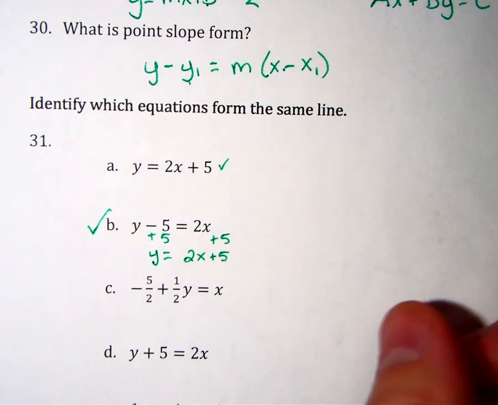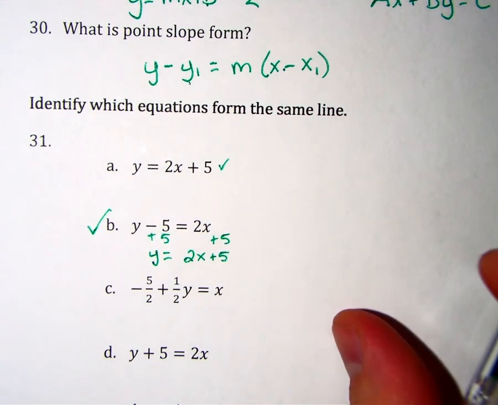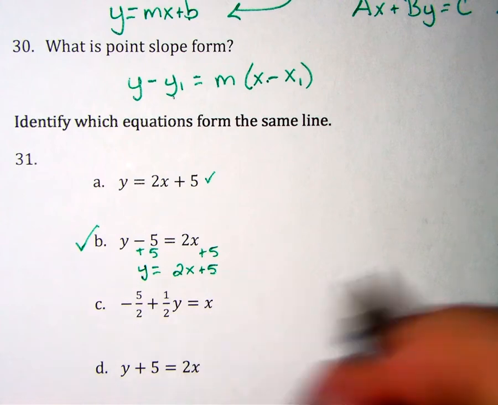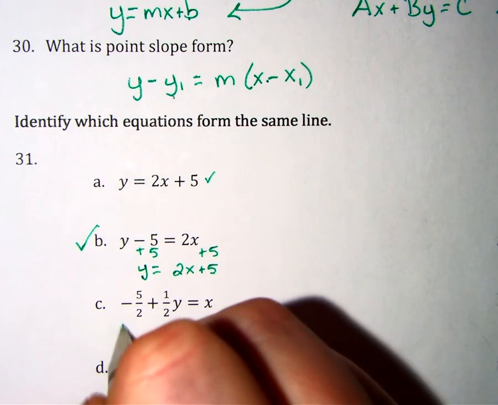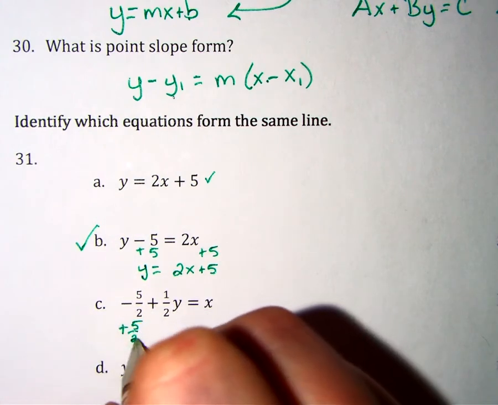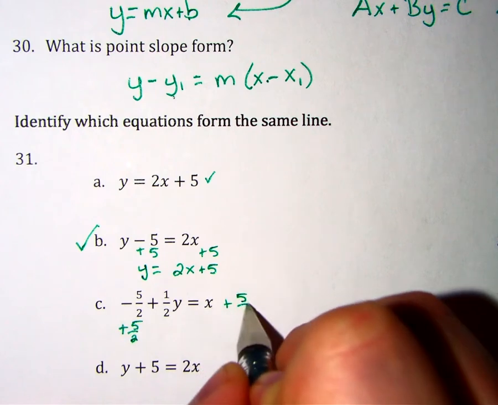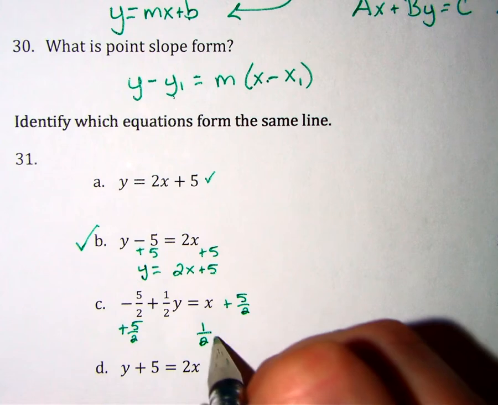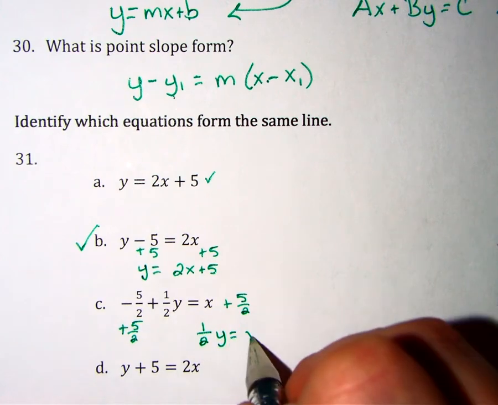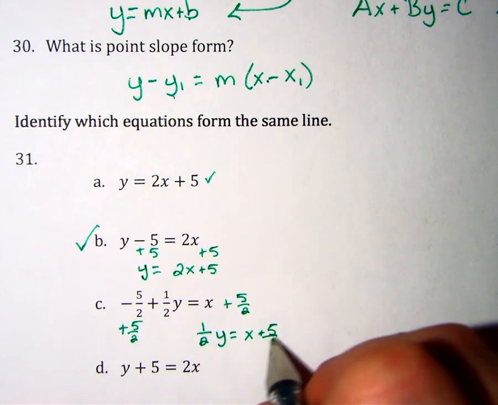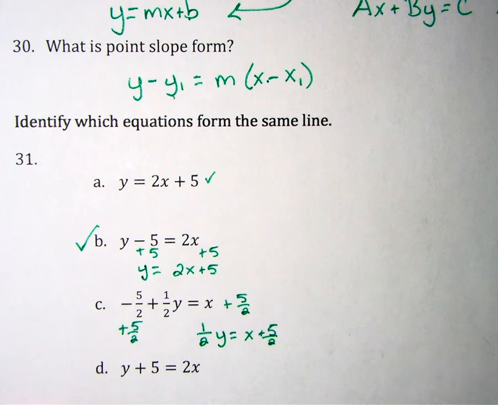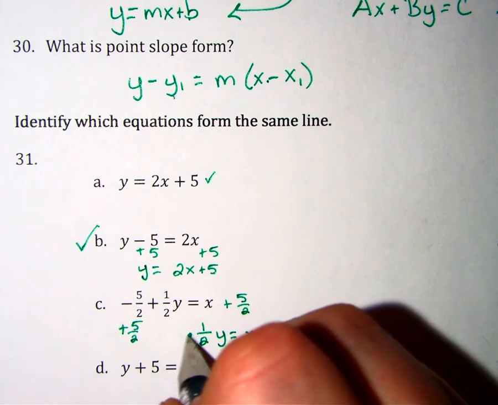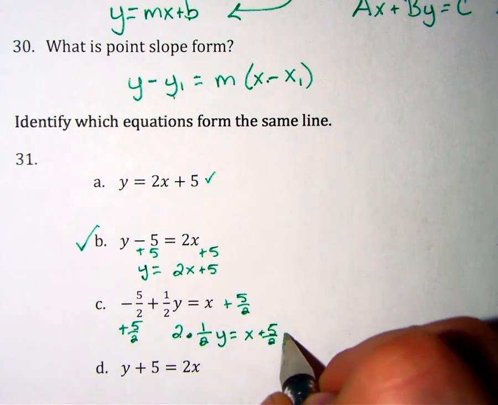Problem C. In order to isolate the variable, we're going to add 5 halves to both sides. So 1 half y is equal to x plus 5 halves. We still need to isolate the variable, so we're going to multiply by 2 to both sides.